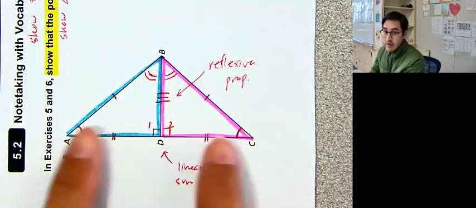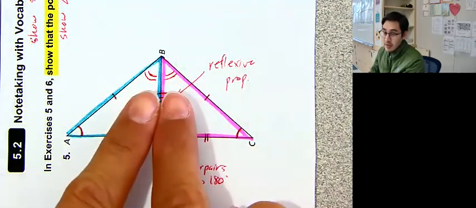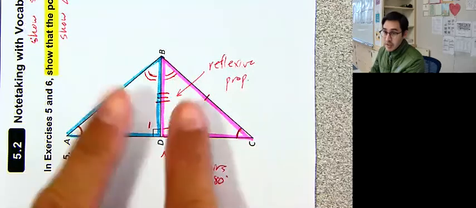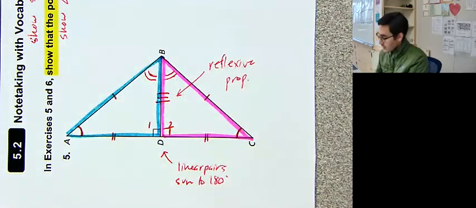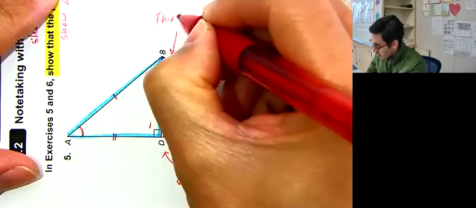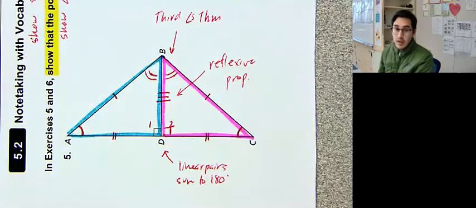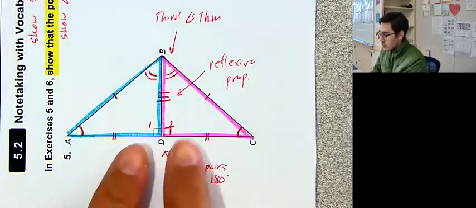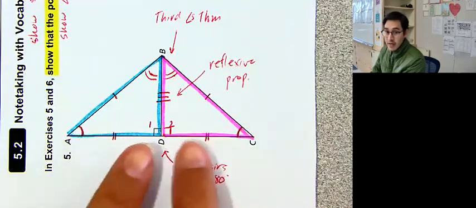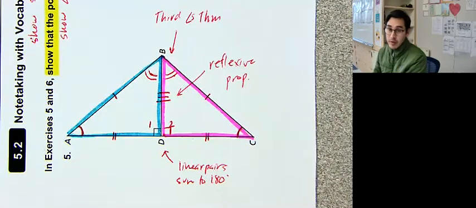So if I already know that two angles are congruent, the third angle would also have to be the same because of the restriction that they have to add up to 180. And so this is called the third angles theorem, which basically says if two triangles already have two congruent angles, then by default, the third angle is going to be congruent as well.